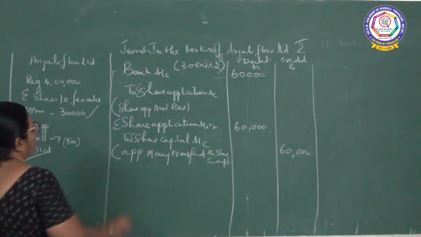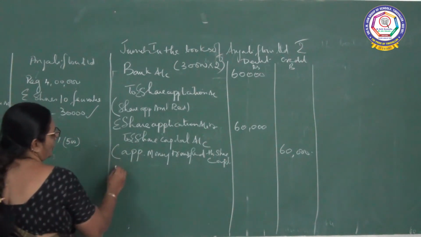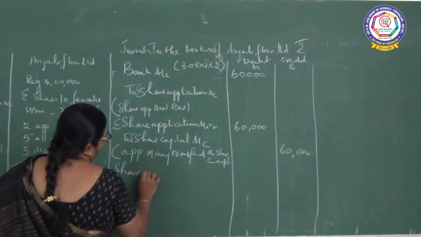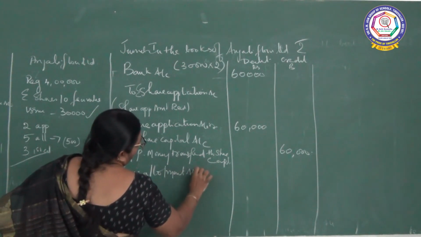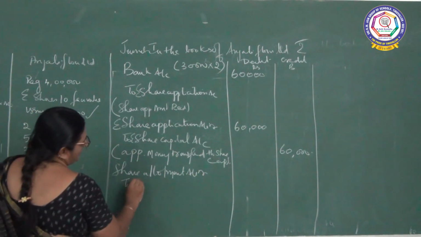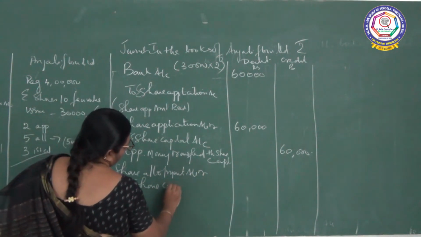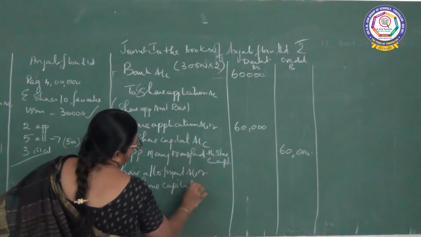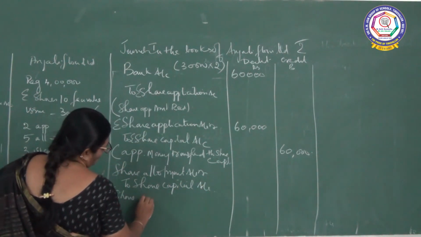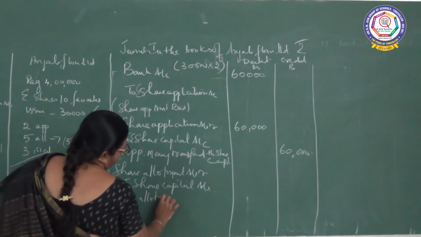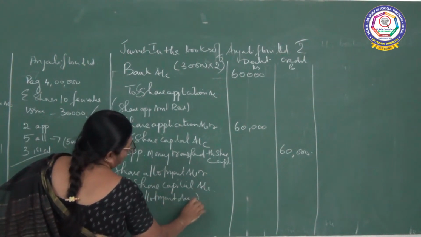Now next, what is the second part? This is your first part. Now the second part, we are going to allotment. Share allotment account debit to share capital, being share allotment due. How much is due?